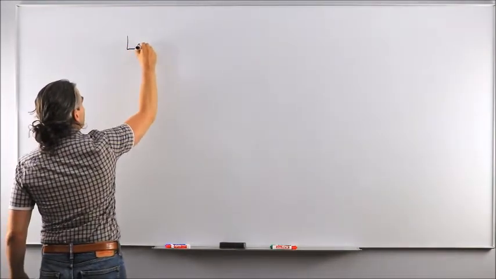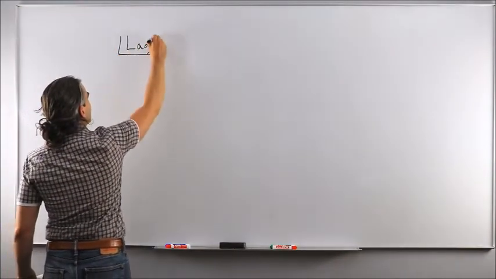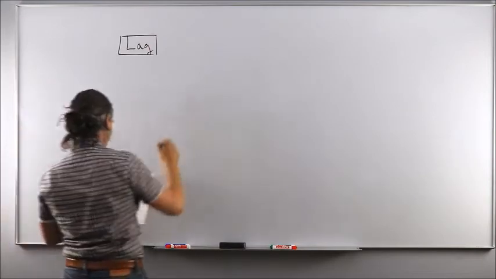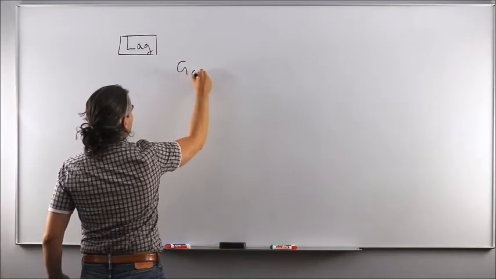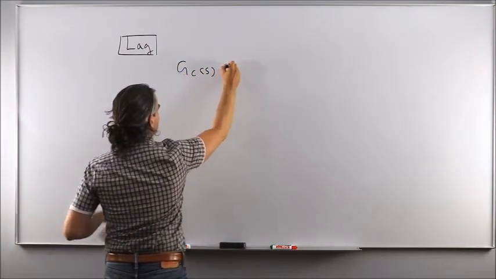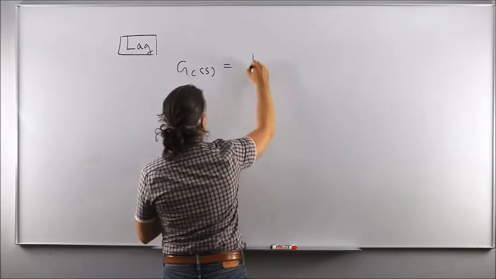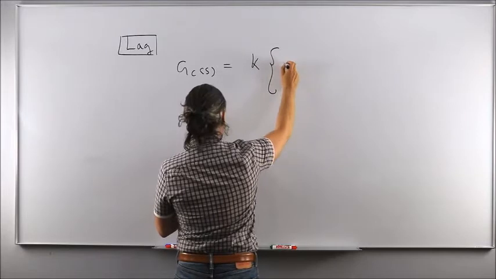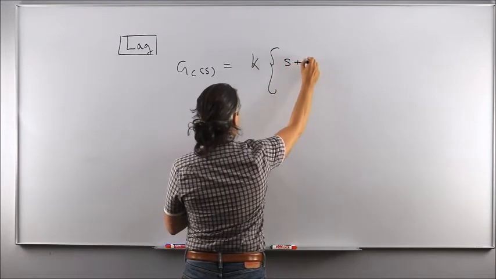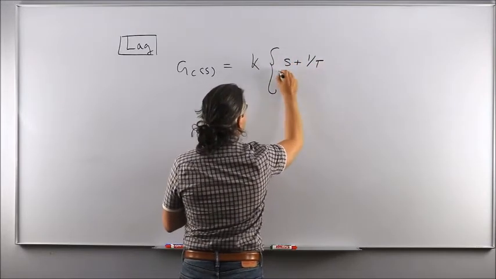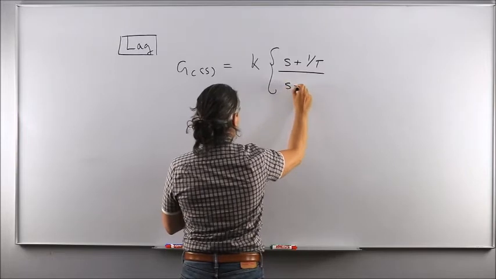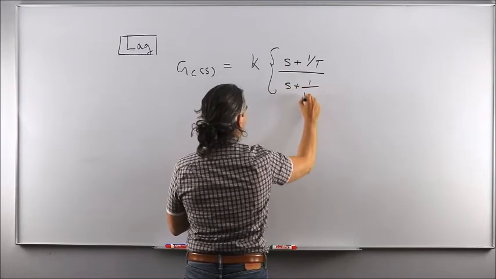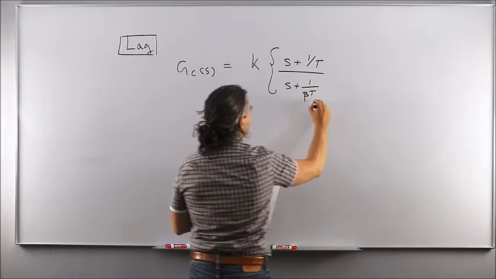Let's talk about the other compensator known as the lag compensator, for which the transfer function is going to be defined as a gain, K, times (S plus 1/T) over (S plus 1/(beta T)), like that.